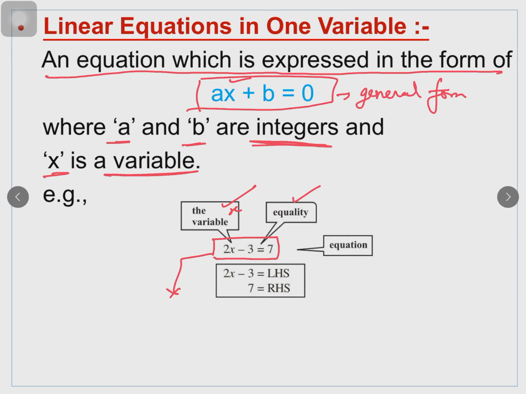On the left hand side we have 2x minus 3, and on the right hand side we have 7. An equation generally has a term on the left hand side, another on the right hand side, and in between we have the equality sign. Collectively they are called an equation, and this is the general form of a linear equation in one variable. I hope it's clear to you now.